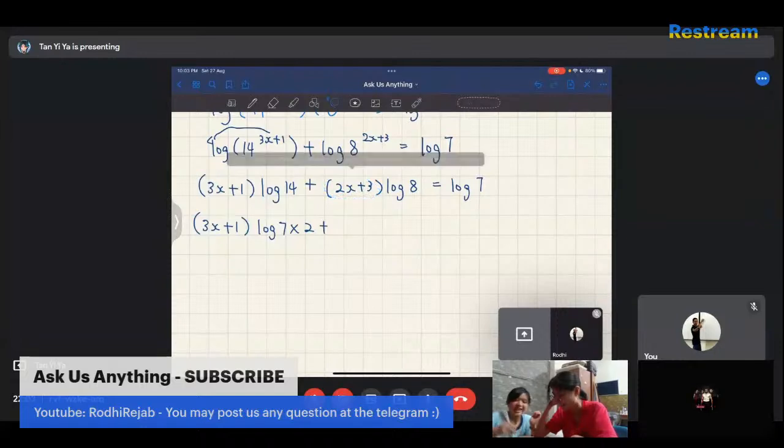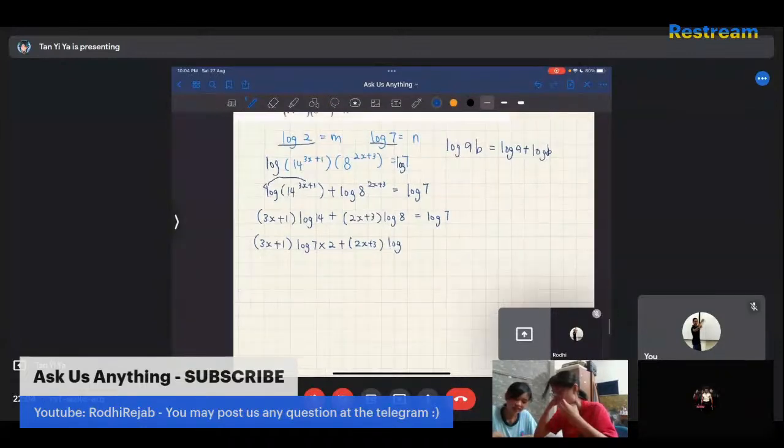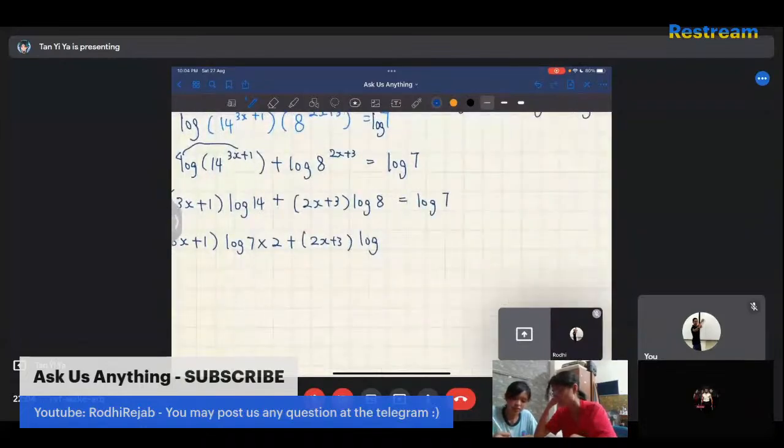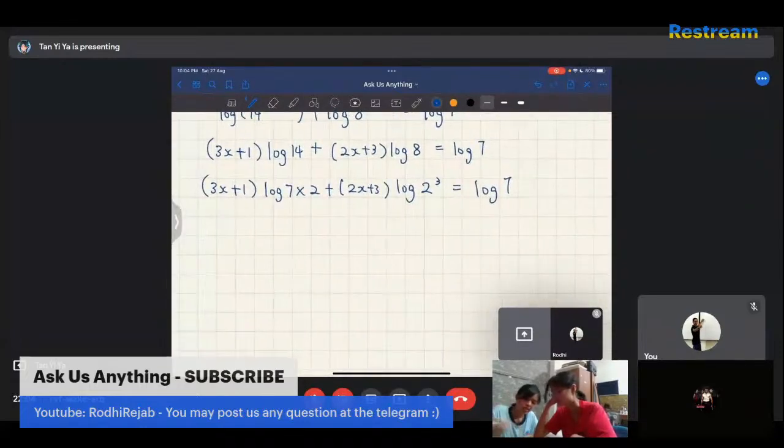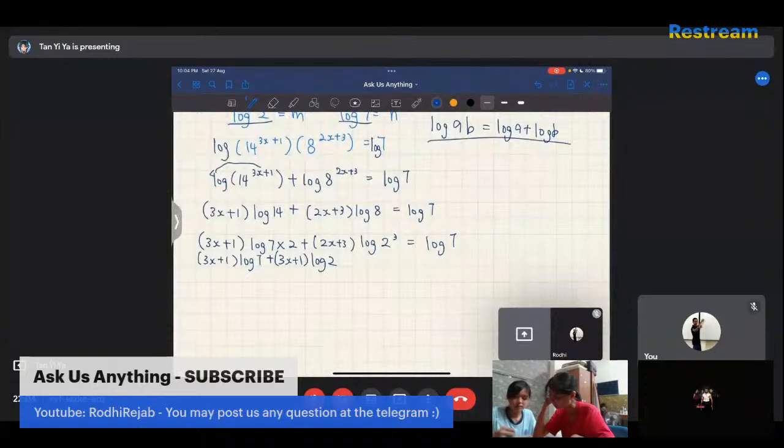Log 18 becomes log 7 plus log 2, the same thing I'm using here.